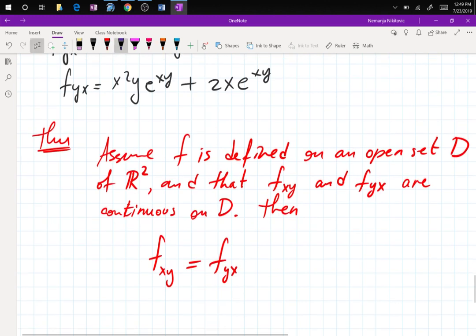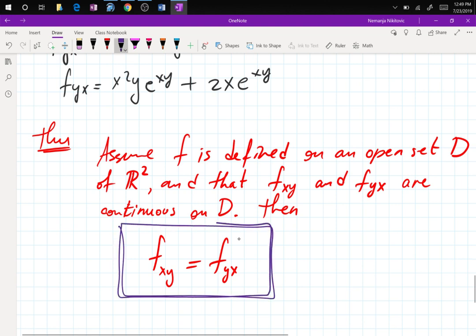So you get to do this calculation in any way that is more convenient to you, whether it's the partial derivative with respect to x first or the partial derivative with respect to y.